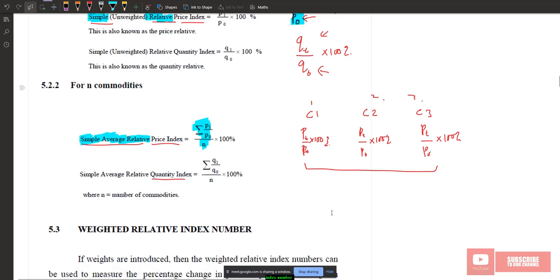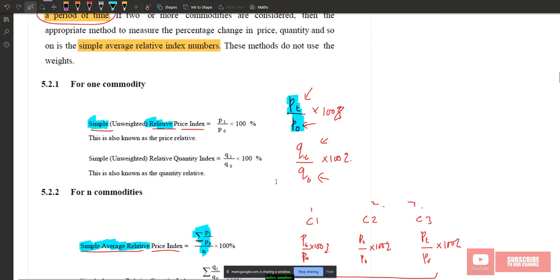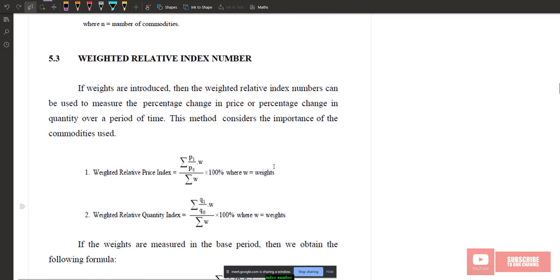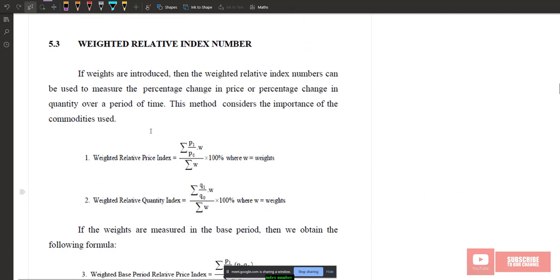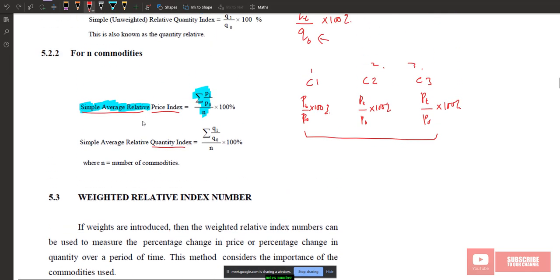Right. So now look at weighted relative index number. Just now we just focused on simple relative, right? So if you want to find weighted relative price index, the summation of P_t divided by P naught means the summation of all index numbers.